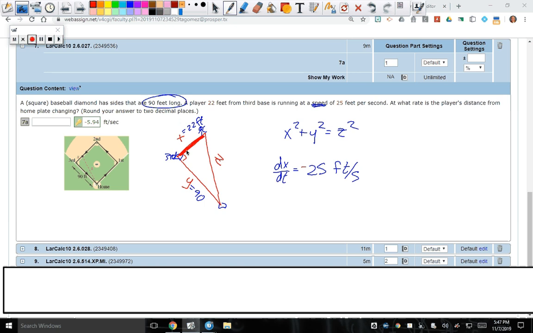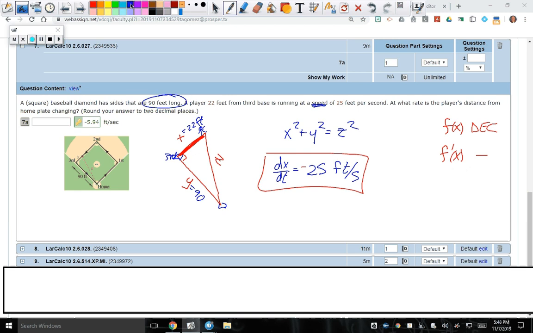And it is. That's why it is going to be a negative, because that distance x is decreasing. And again, remember, if the position is decreasing, we know that the derivative, in this case aka dx dt, is negative.